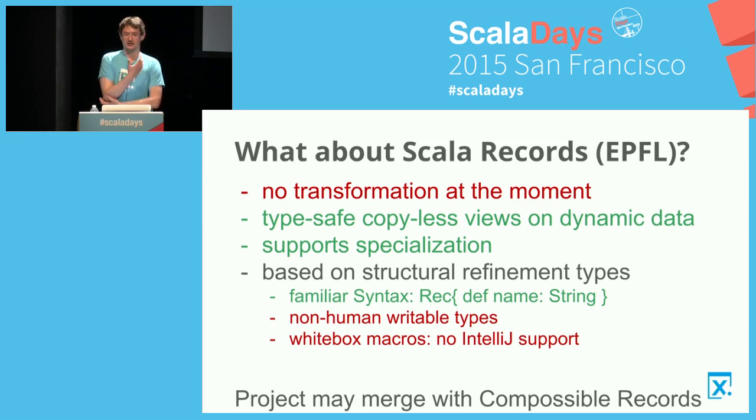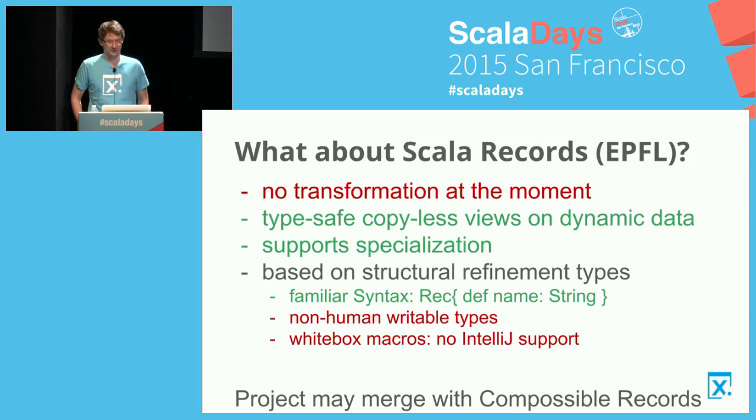What Scala Records does right now is that it has a refinement on the record, so it generates an anonymous subclass of Record every time you create a record, and goes from there. However, if you write these types, then either you get back to structural typing with reflection, or the trick that they are doing is vampire macros, but then again, you can't write down the types at all anymore unless you use some trickery.